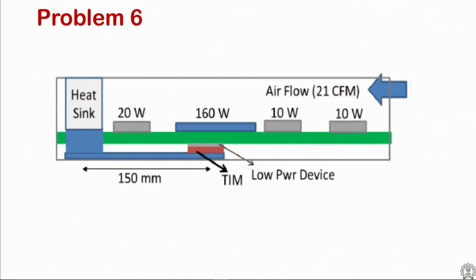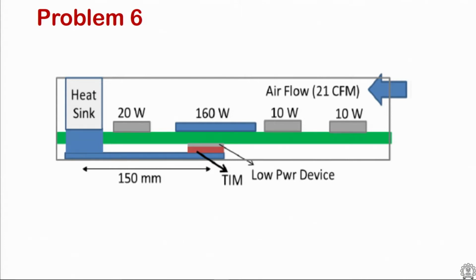So, the problem that we will consider is another case where you have a heat source on a PCB. The green slab is a PCB, and it is mounted with a number of heat sources on the top. In addition, there is another heat source on the bottom, but the space for flowing air at the bottom is so limited, close to 1 mm or 5 mm, that it is not sufficient to dissipate the heat.